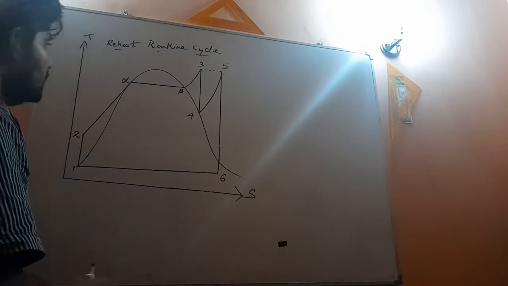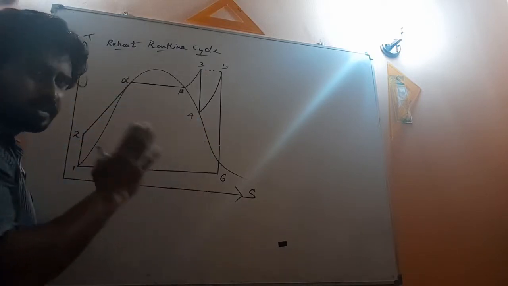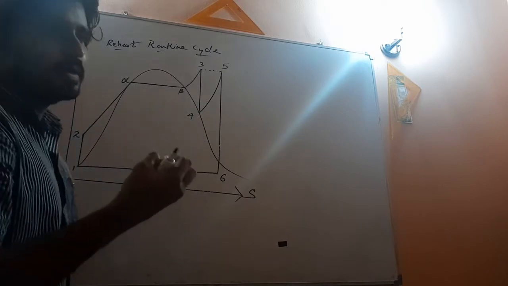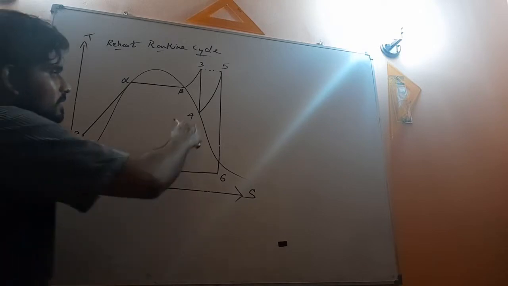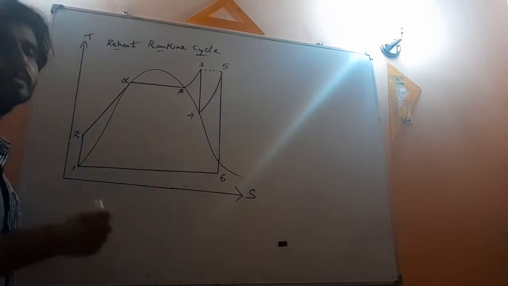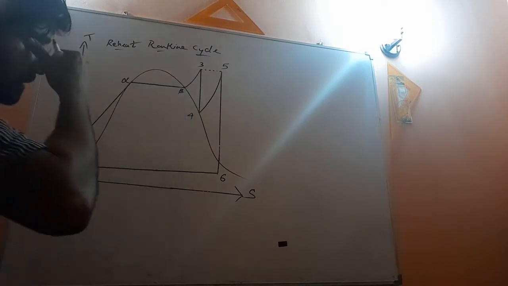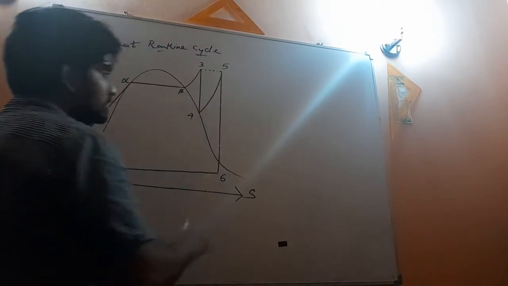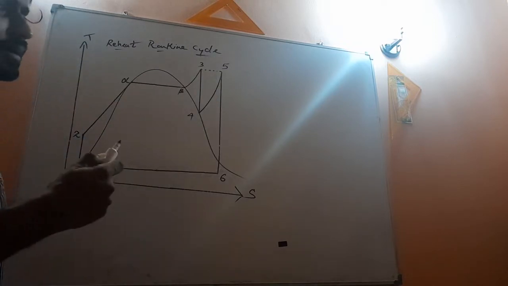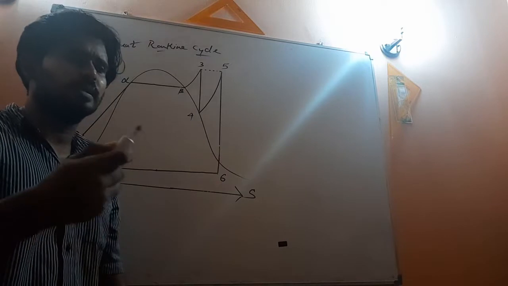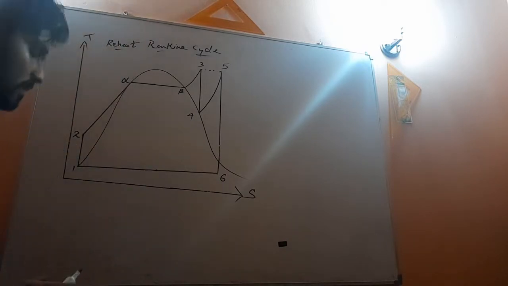Again 3 to 4 is a straight line because 3 to 4 is isentropic expansion of the first turbine. Then again 4 to 5 is a curve, because that is also constant pressure heating. Then 5 to 6 is also a straight line because that is isentropic expansion of the second turbine, the low pressure turbine, right?